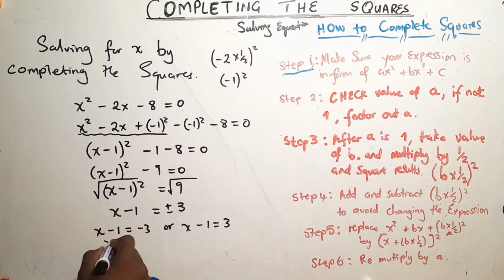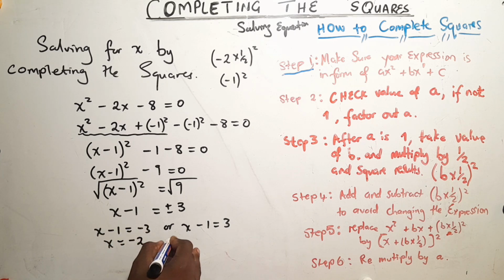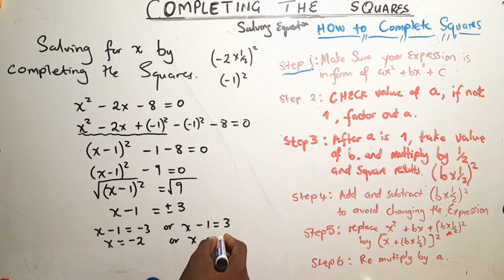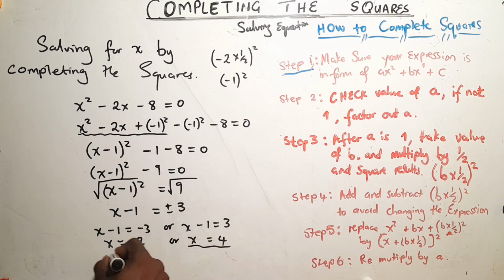So here our x will be equal to minus 3 plus 1, giving us minus 2. Our x becomes 3 plus 1, giving us 4. So this is how you can solve your equation by completing the square, just like that.